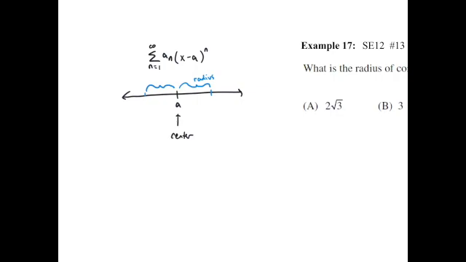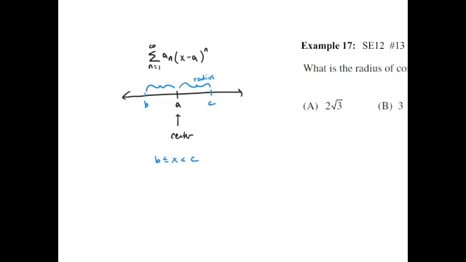So let's hypothetically say that we have B here and C there, and the interval is B is less than or equal to x is less than C, for example. The radius is between A and C or B and A, and the radius does not show whether the ends of the interval are convergent or divergent. In this case, you can see by our interval that C is divergent and B is convergent. The radius doesn't have any impact on that.